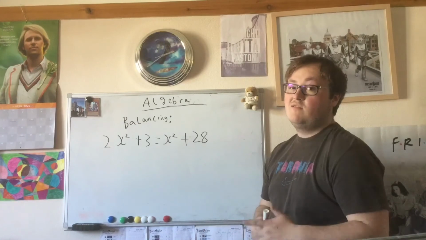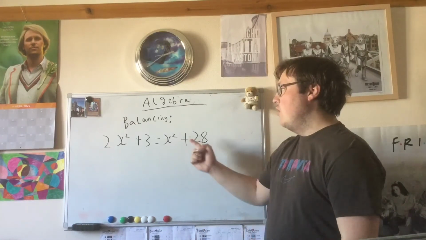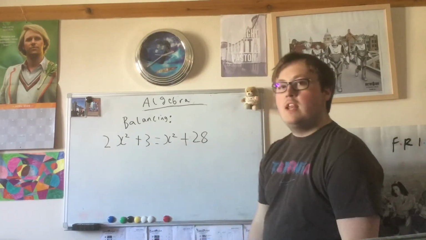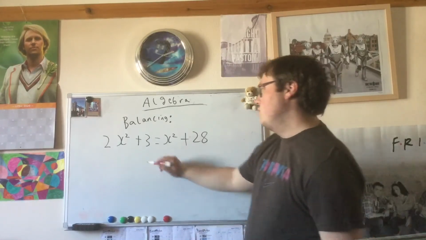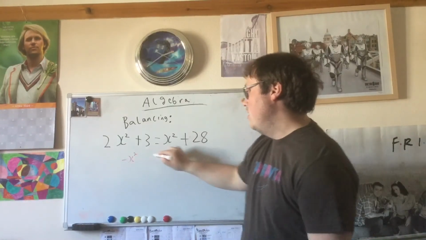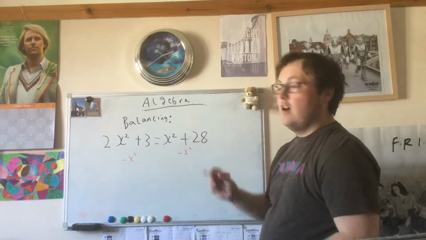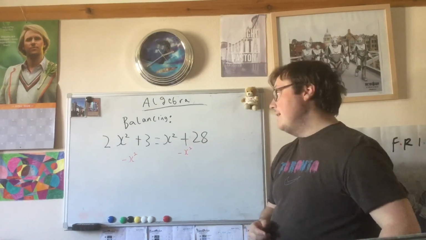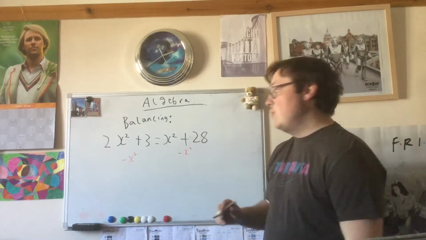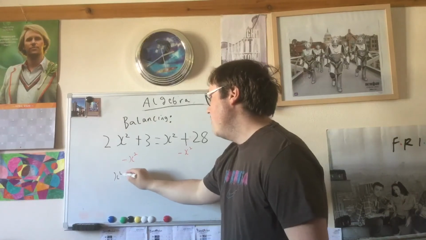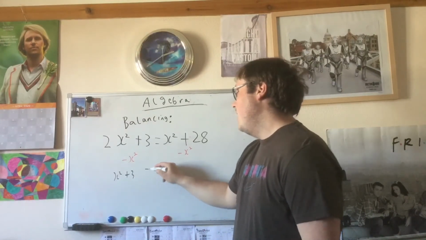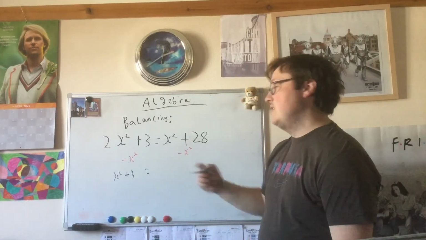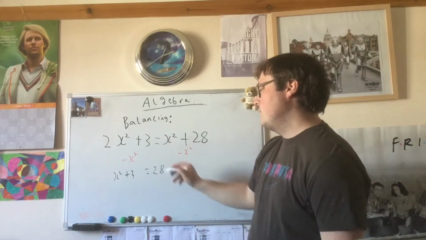In this case, x squared. So I've got 1x squared here and 2x squared here. I want to make it positive, so I'm just going to minus x squared on both sides. So 2x squared plus 3 minus x squared will just be x squared plus 3. And then x squared plus 28 minus x squared will just be 28.